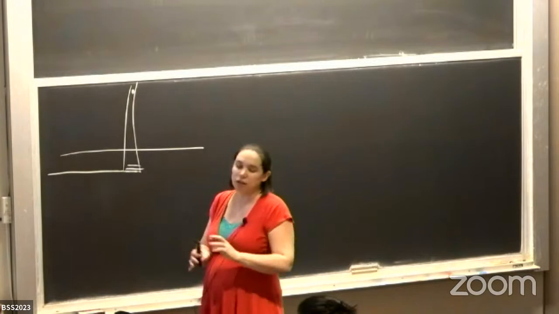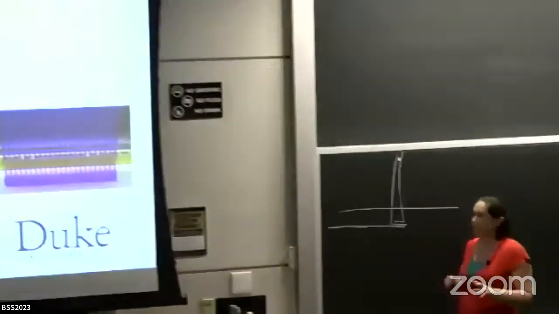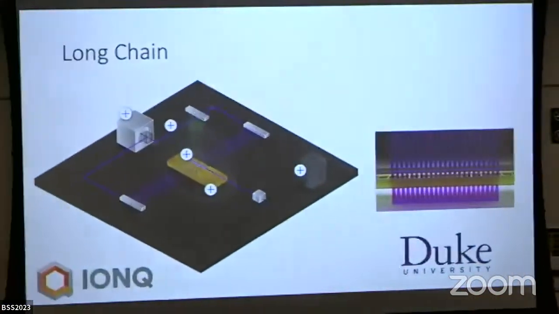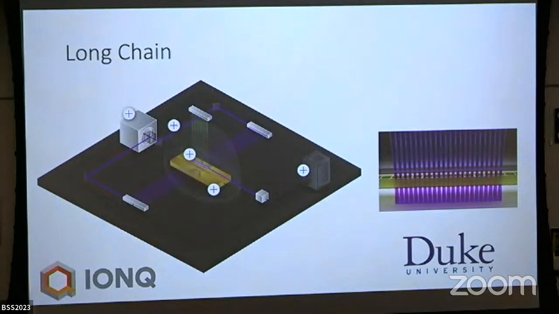There are lots of technical things I could go into on what that number is, but in this IonQ machine, they have 32 qubits in a chain. And for the Raman beam, this is a ytterbium system. They have 32 Raman beams on either side that are intersecting on the ions in the middle.